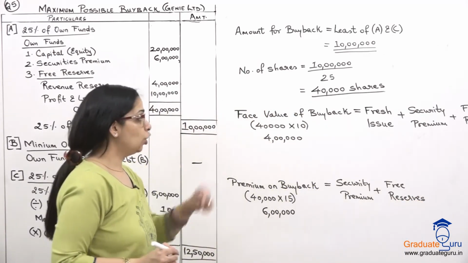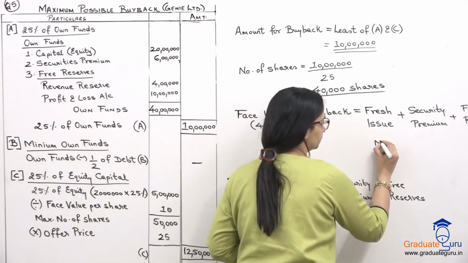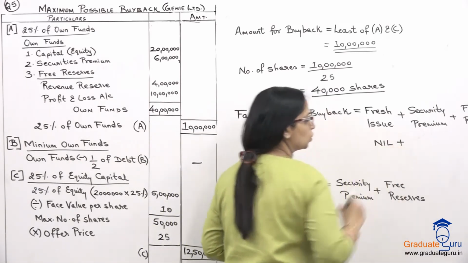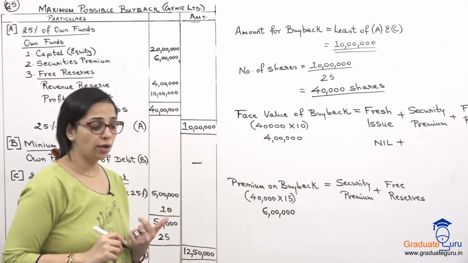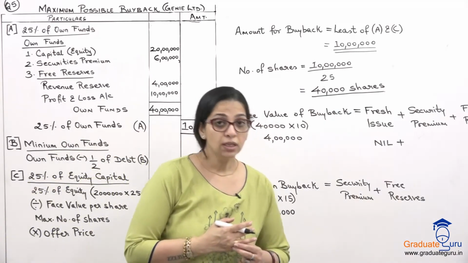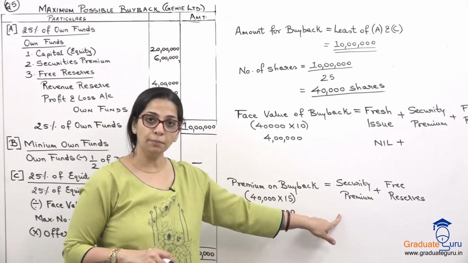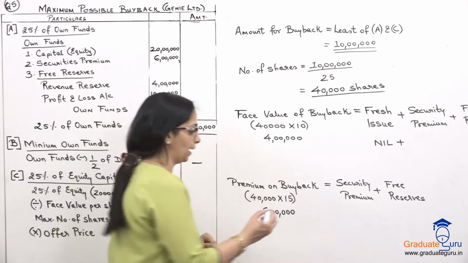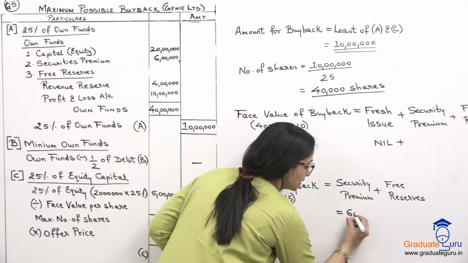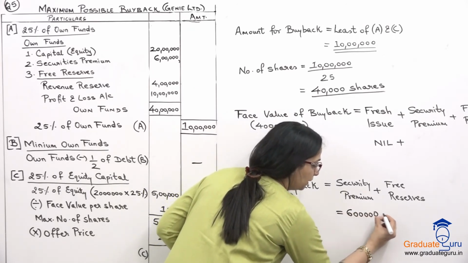Right? No fresh issue in this sum. So nil. What is the security premium given to us? 6 lakhs. So first full 6 lakhs of security premium I will use for premium on buyback. So पूरा 6 lakhs security premium से आएगा.